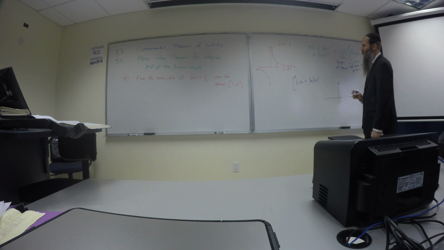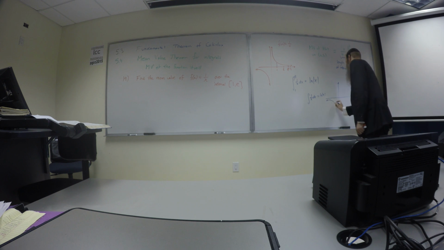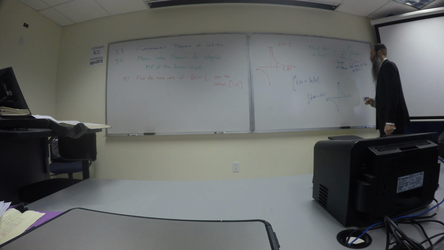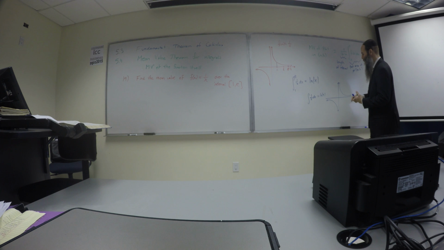So, if we ask, what is the antiderivative of 1 on x? Forget the limits of integration. We're claiming it's ln of absolute value of x. So what we're trying to find here, I'm going to draw this up on the side, is a function that when I differentiate, when I take its derivative, gives me this function, right?